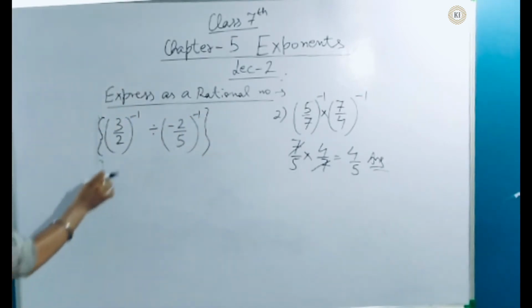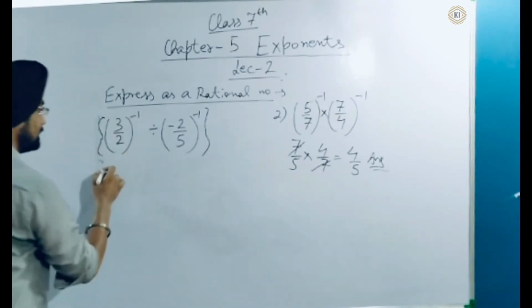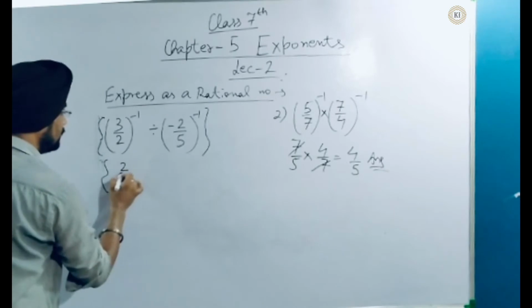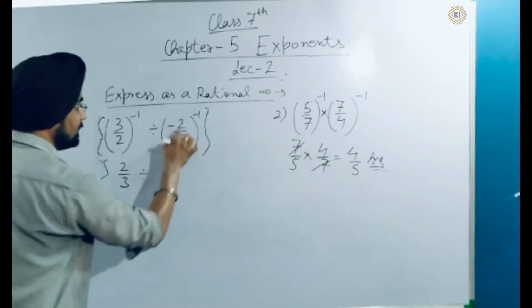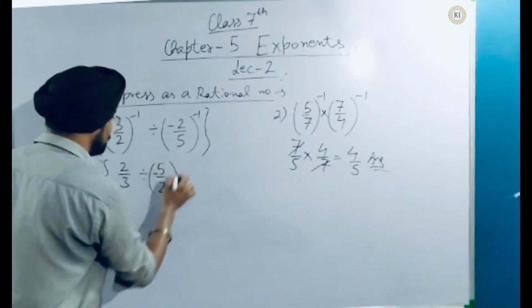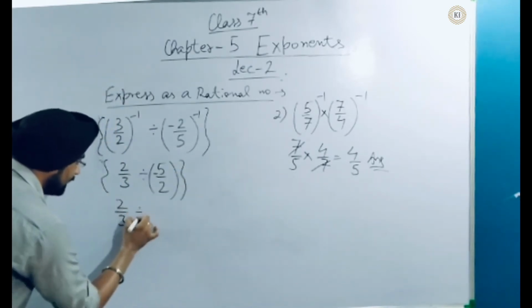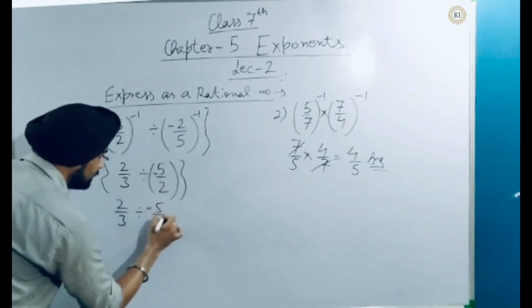Now here again inside this bracket we can change this power to positive by simply taking the reciprocal of the base. It will become 2 by 3 divided by, this will become minus 5 upon 2. Now 2 by 3 divided by minus 5 by 2.